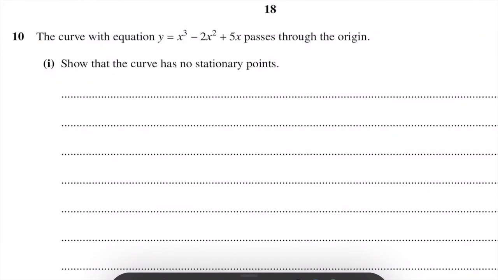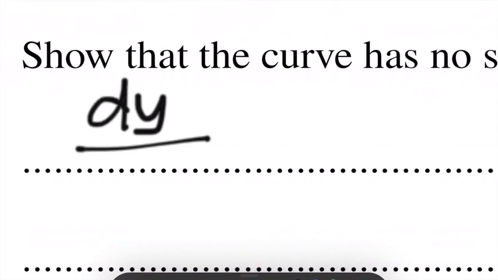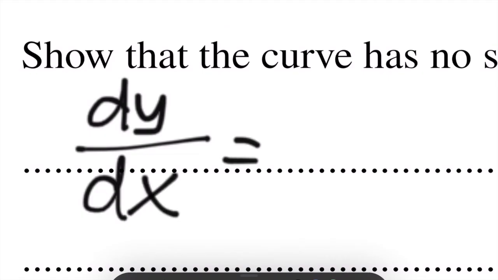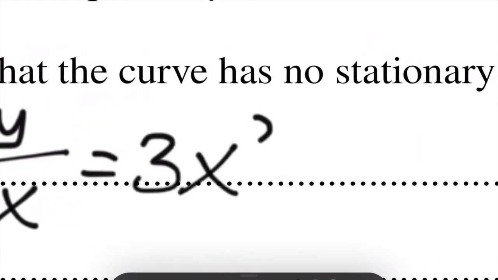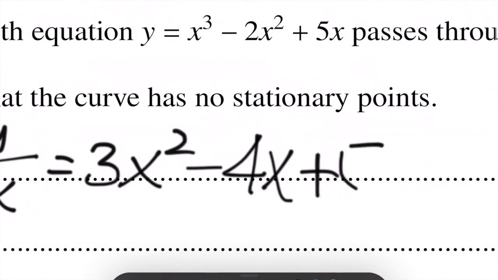To show that the curve has no stationary points, you have to find the derivative of the equation above. So dy over dx is equal to 3x squared minus 4x plus 5.